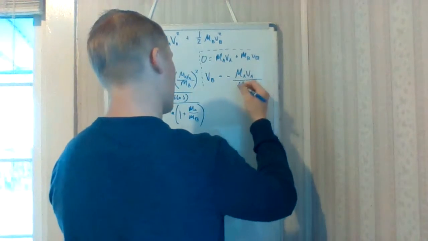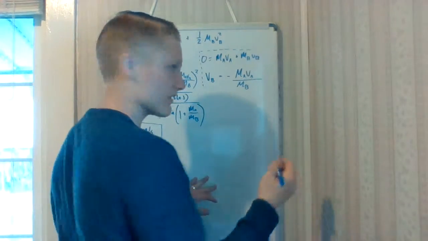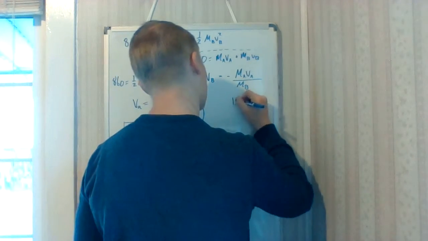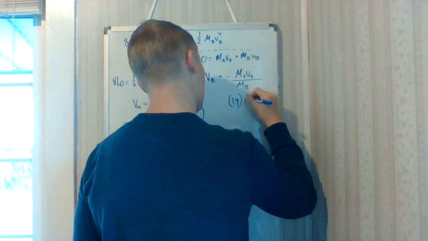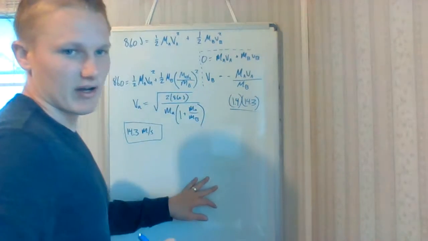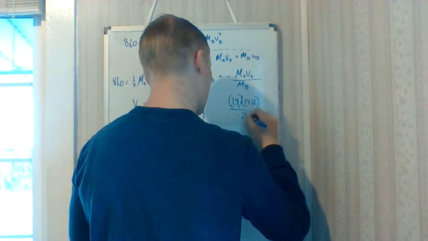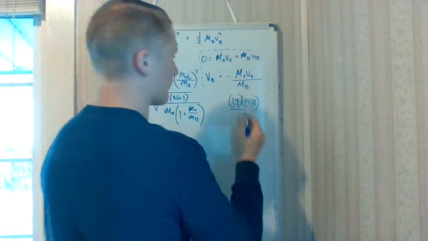So it's MA, which is the 1.4, times the 14.3, divided by 0.28 for MB.